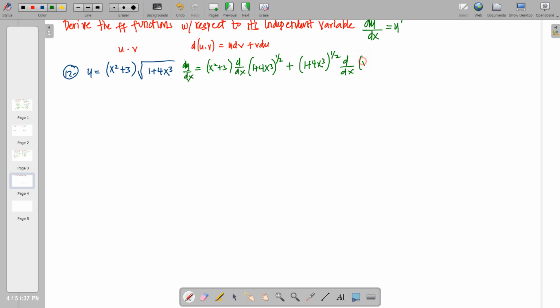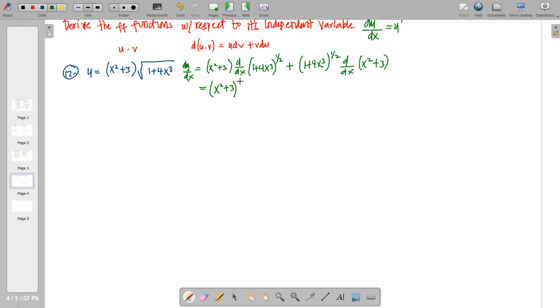You have the first term to be equal to x squared plus 3. So here we copy the first term and then perform the derivation of the second term.